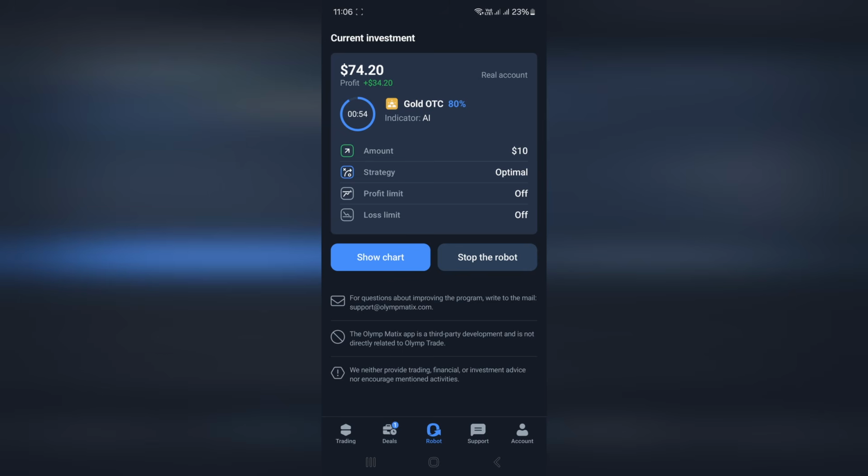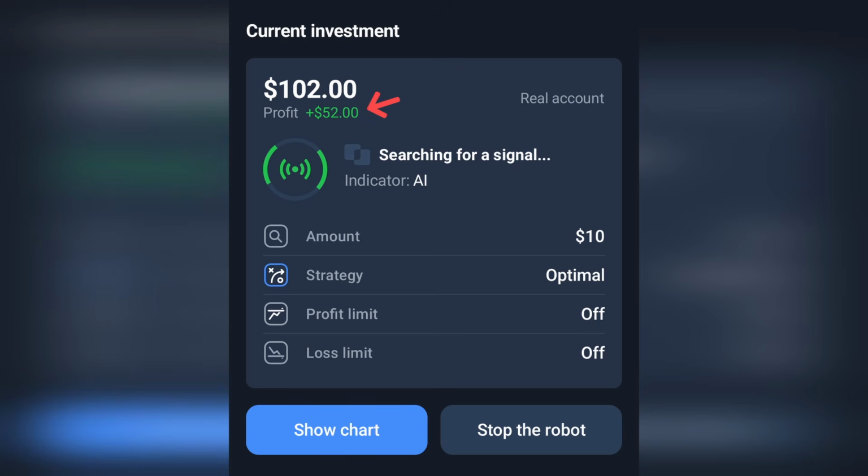Let's keep the bot running and see what happens. As you guys can see, using this bot, I was able to profit over $50, meaning I was able to double my account balance in under 10 minutes.